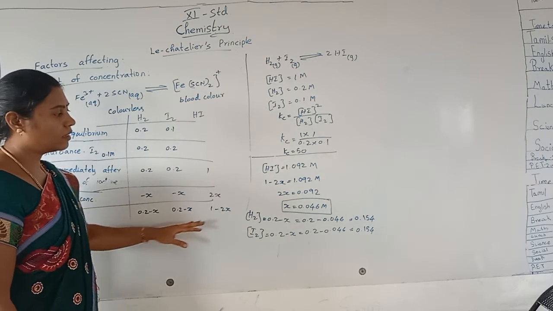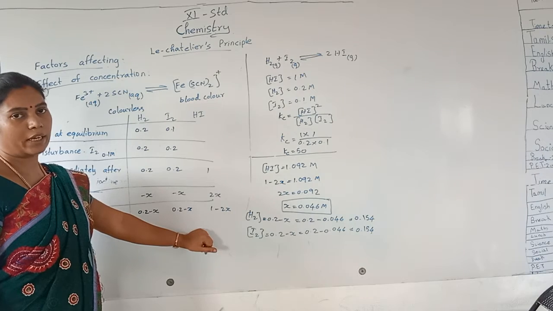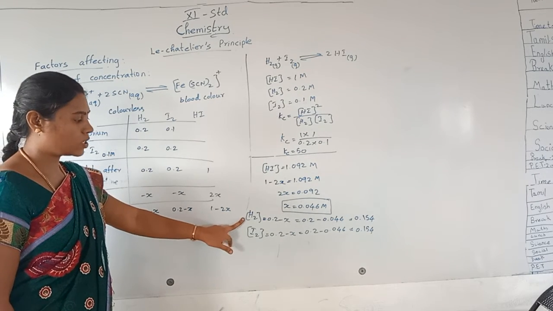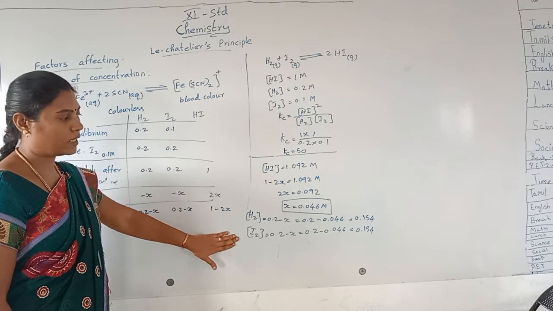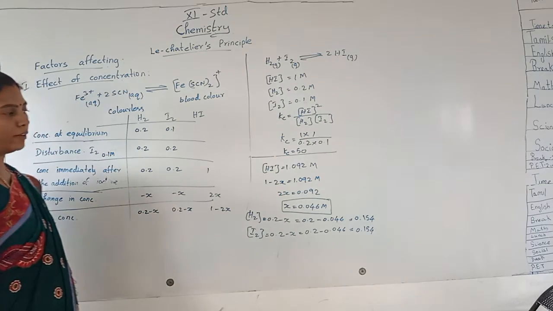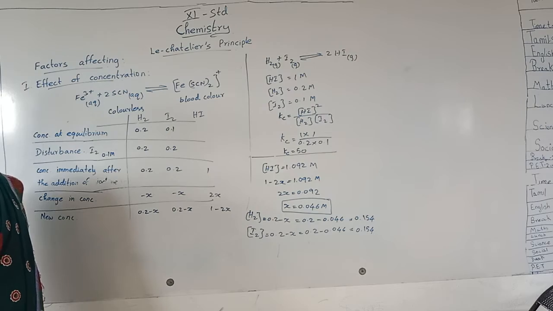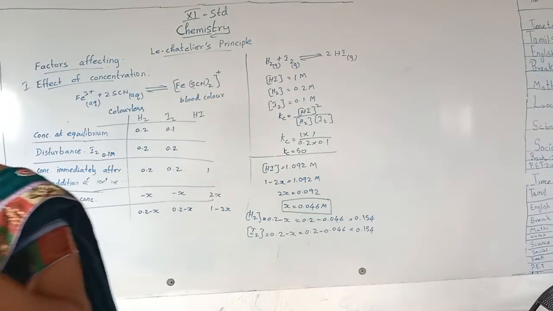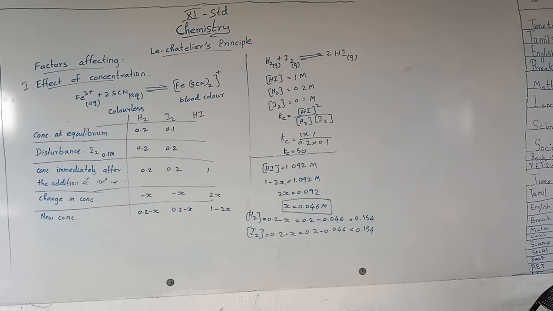So the hydrogen and iodine concentration value is 0.154. Next, one graph is present, and the graph represents the effect of concentration.